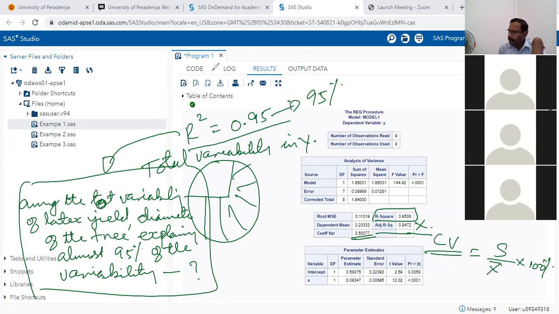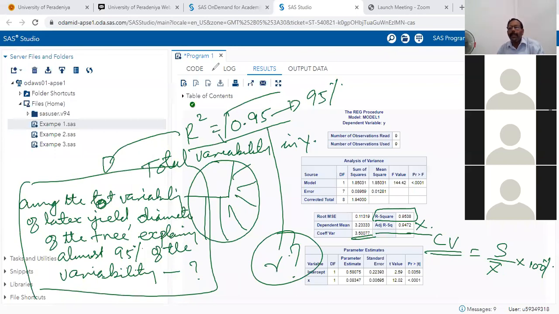Now, if you take the square root of this, then we can get the R, but we should have some program. We should know the program to get this R value. So we will go for that program. R is not there, so we will go for that.